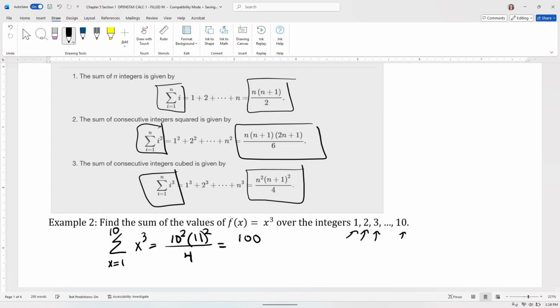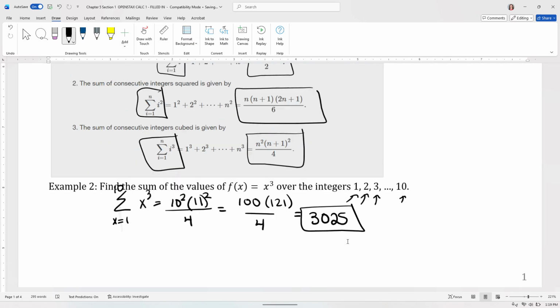All right, so basically 100 times 121 over 4. I get 25 times 121, 3,025. Now, I could have done each one of the numbers and added them up, but if you had a lot of them, it would take a long time.